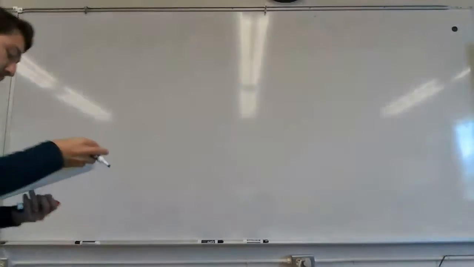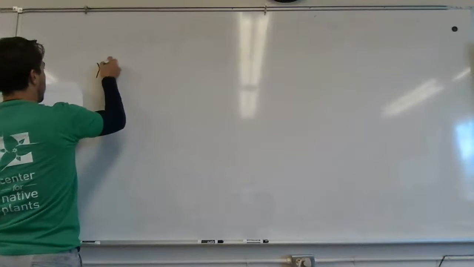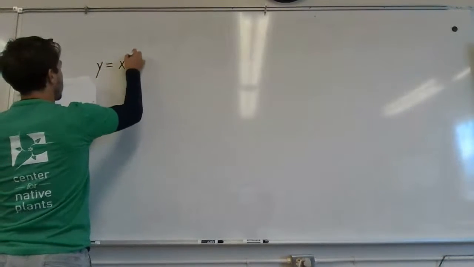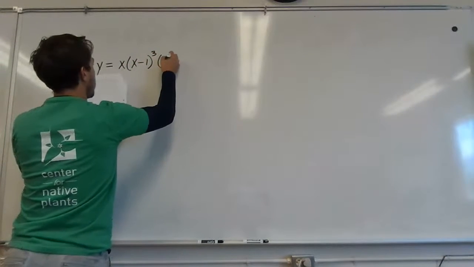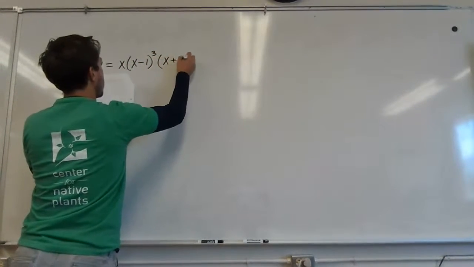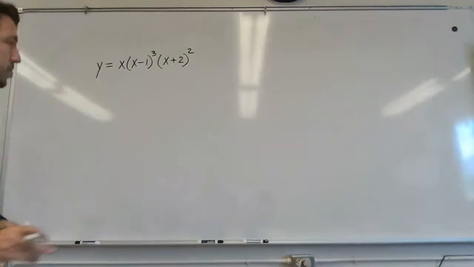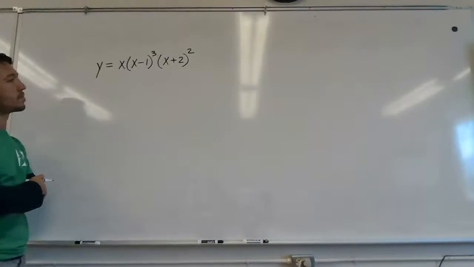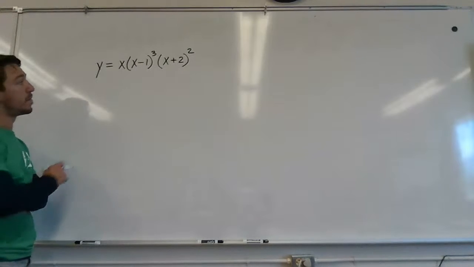Okay. We're in number 12. y equals x times x minus 1 times x plus 2. Okie dokie. So we know that it's 0, 0, that's the x-intercept. Very good.